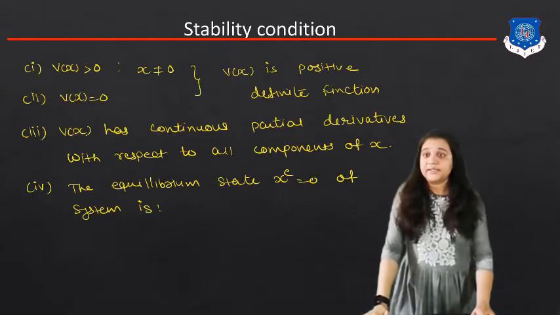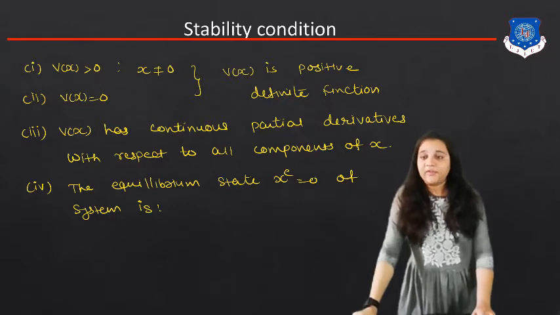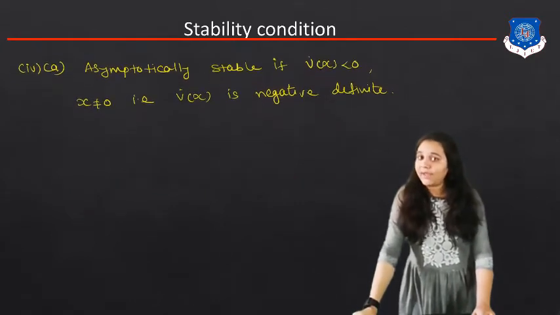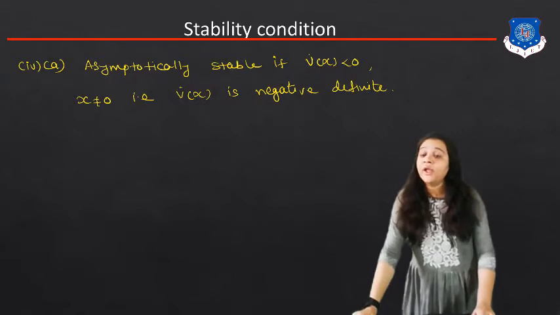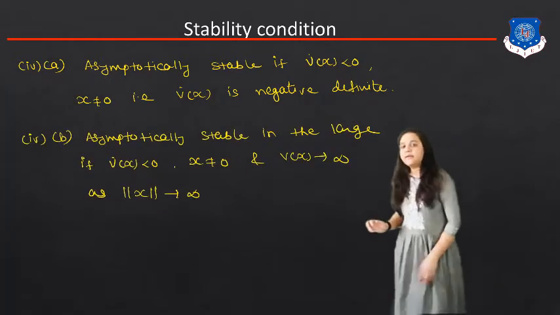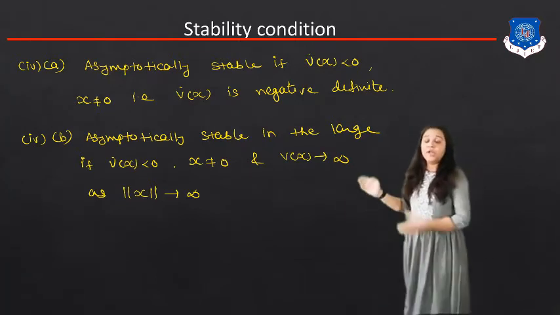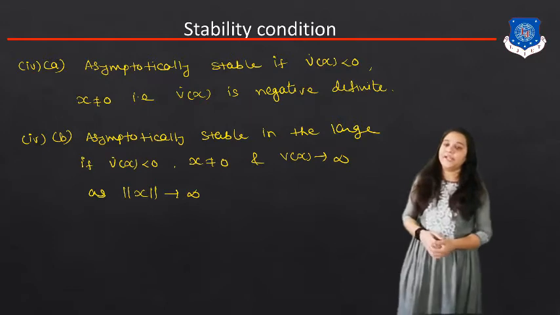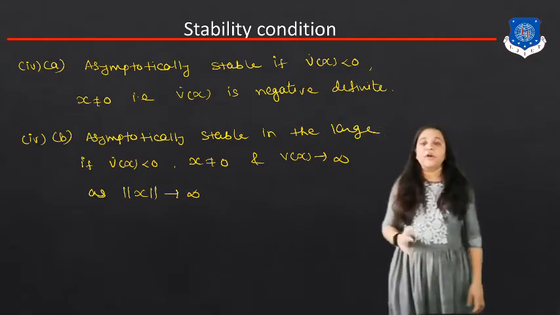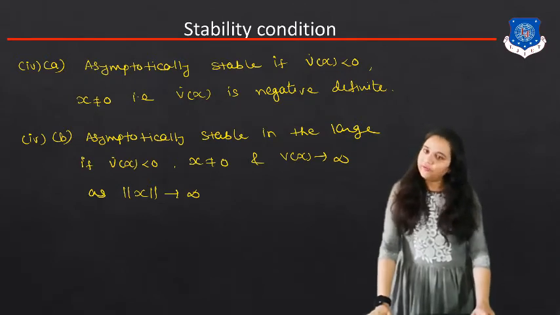So the first condition: V(x) greater than 0, that time V(x) is positive definite, and if the value of V(x) is less than 0, that time it is negative definite. And the second condition is asymptotically stable in the large if V dot x less than 0, x not equal to 0, and V(x) tends to infinity as x tends to infinity.